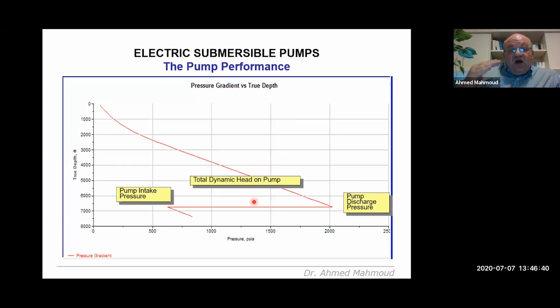You can opt to design the ESP to have a lot of stages, so you have a big total dynamic head, or you can reduce the number of stages. You can do a lot of things, but typically it gives you the luxury of having a very big delta P total dynamic head, and finally enough gradient to move all the way up to surface with positive pressure on the wellhead.